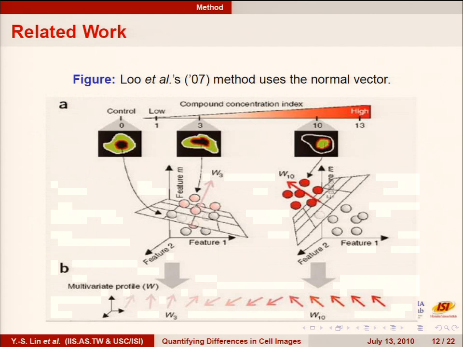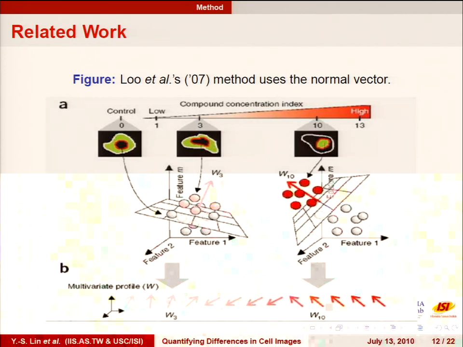Let's look at a previous related work. This is a work by Liu et al. In their method, when you have some images that you want to quantify their difference, they train a support vector machine that generates a hyperplane, and they use this vector, the hyperplane, to quantify the difference between pairs of image collections.